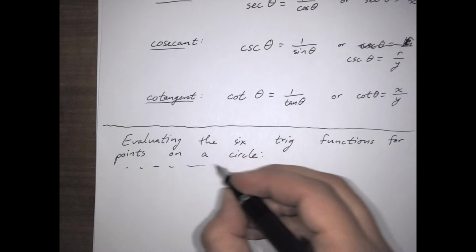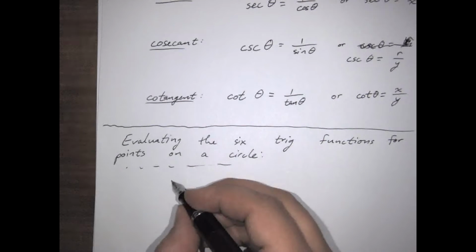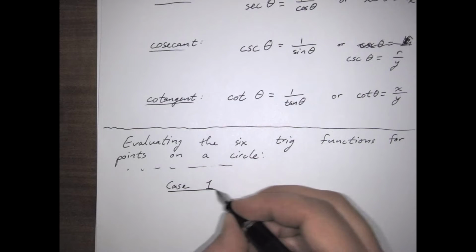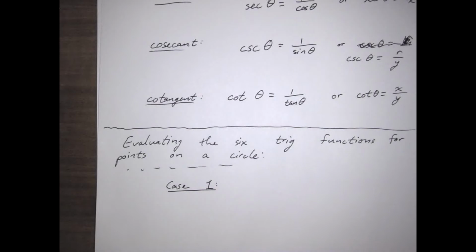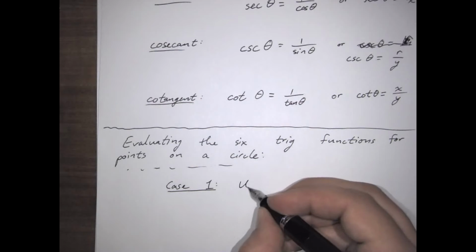Alright, so what this means is they'll give us, in the very first instance of this particular section, the coordinates of points on a circle, and it'll be up to us to then spin those out into the 6 trigonometric functions. So, case 1. We might be talking about a unit circle.